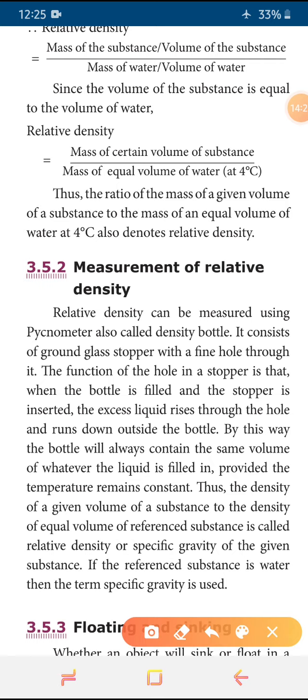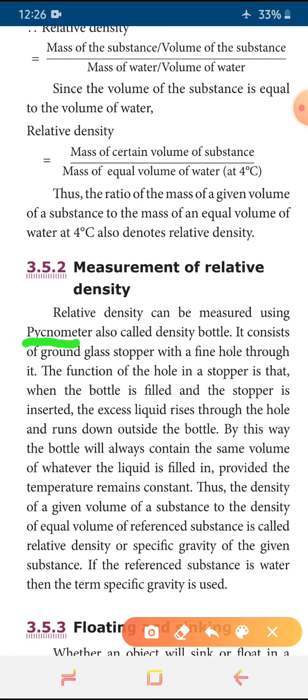To measure the relative density, we are using a device called a pycnometer. It is also called a density bottle. It consists of a ground glass stopper with a fine hole through it. When we fill it with water and the stopper is inserted, the excess liquid rises through the hole and runs down outside. When we close it with the stopper, the excess water goes out through that hole.